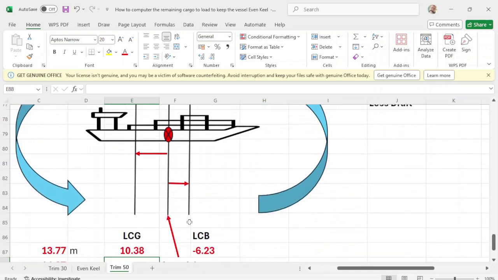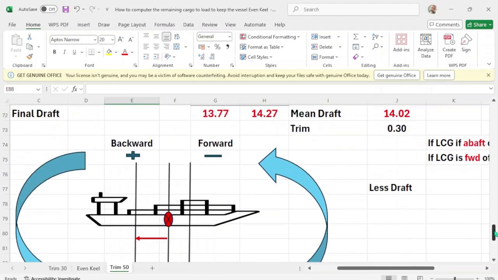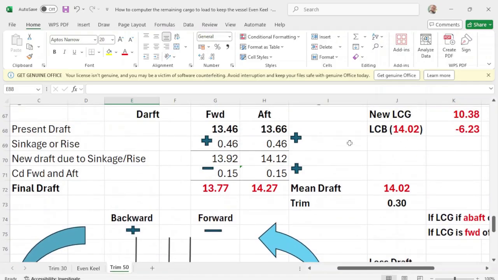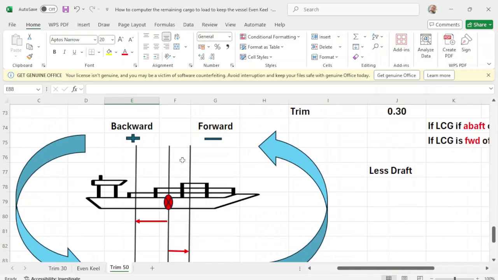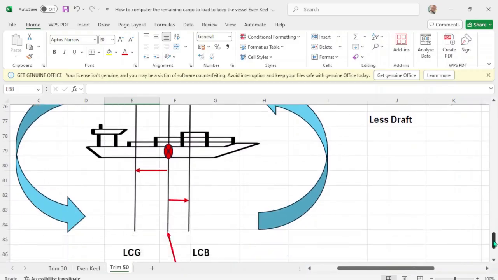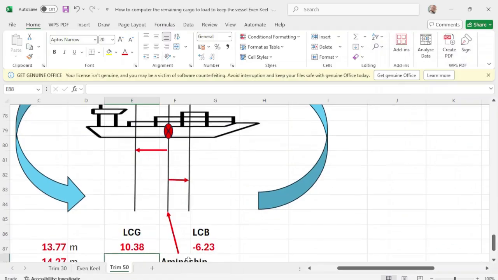This will be your LCG of 10.38. Okay, this line, and your LCB is negative 6.23. Negative meaning here is the forward part of the vessel from your amidship. So you measure negative 6.23 from amidship going forward, that will be your LCB of negative 6.23.